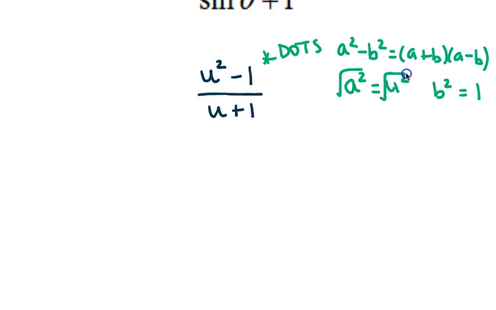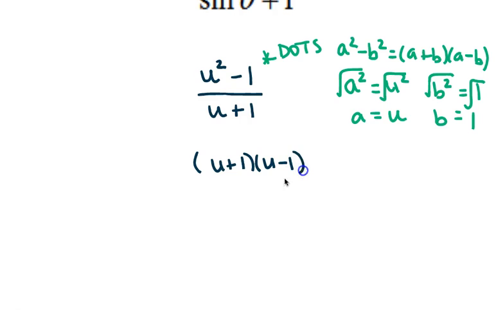So if I square root each of these terms, a will be equivalent to u, and b would be equivalent to 1. So I would write u plus 1, u minus 1 over u plus 1.